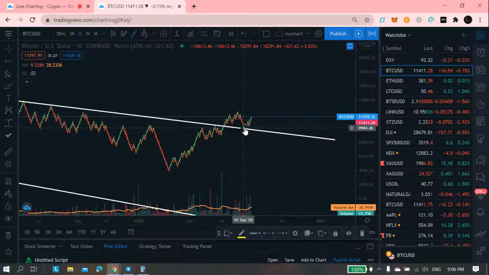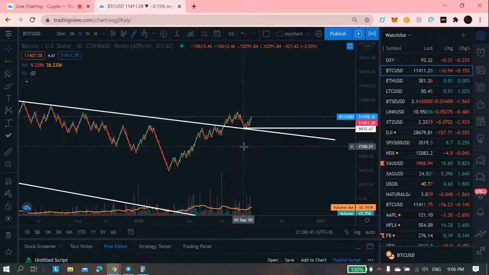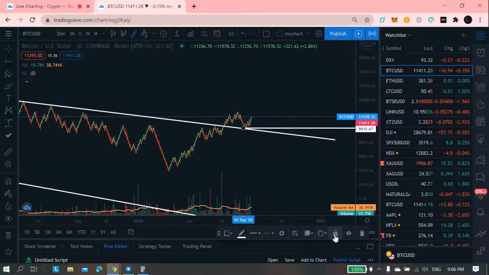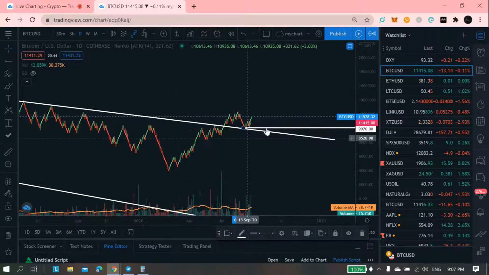That's actually the support area I'm looking at, this 9,000-something area, the lowest of this Renko chart, which is around 9,970. So this is support, 9,970.